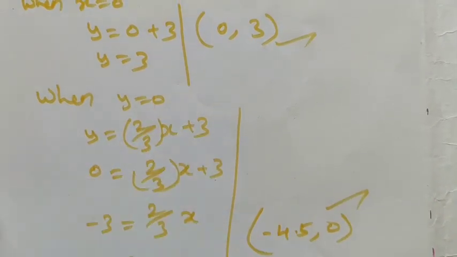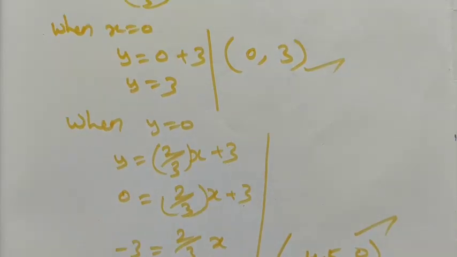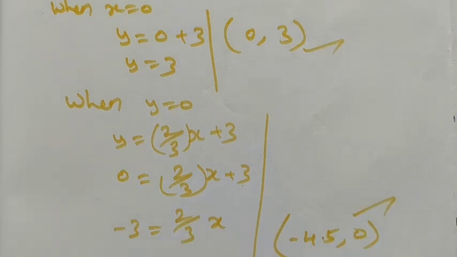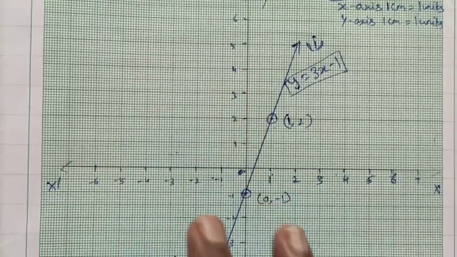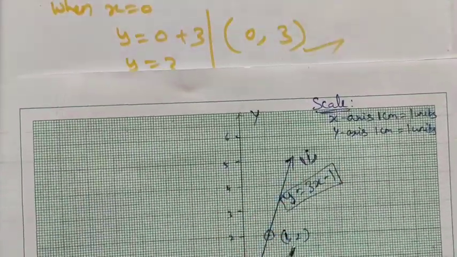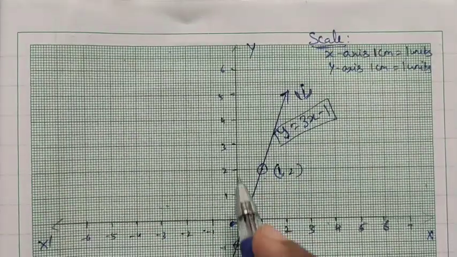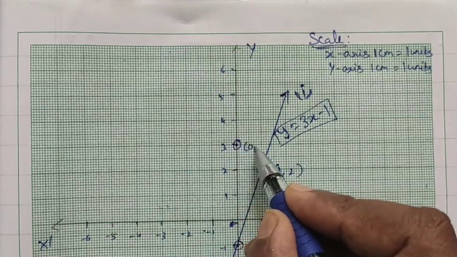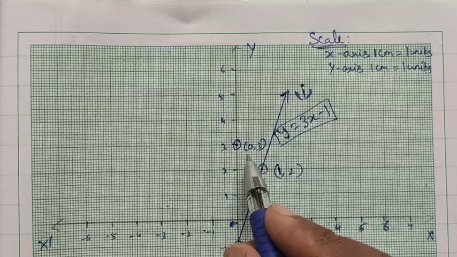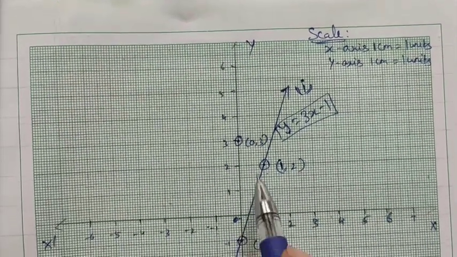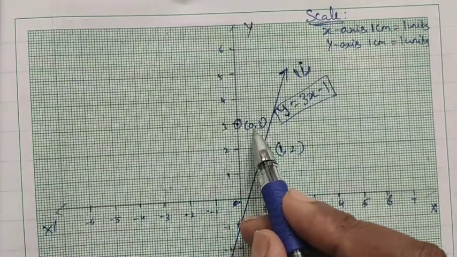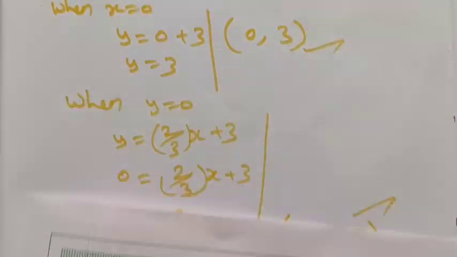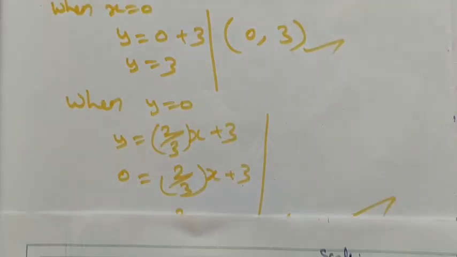We can substitute in the graph. Here I am going to represent the given points in the graph. I use the same graph to represent the points. So one of the points is (0, 3). The x-coordinate is 0, the y-coordinate is 3, so the point lies here. This is the point (0, 3), right? And another point is (-4.5, 0).